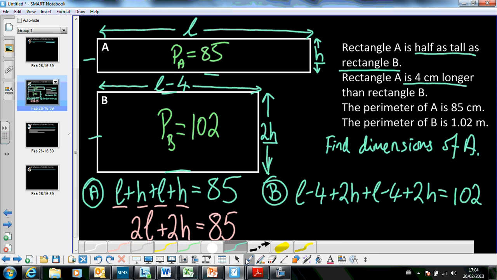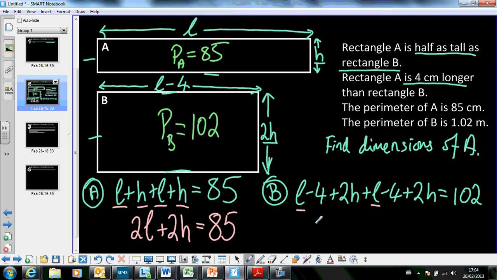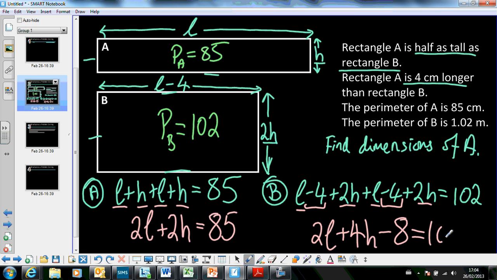And again, bit of simplifying. The two L's add together to make 2L, and 2H plus 2H makes 4H, and it's minus 4 and minus 4. Remember, the signs stay with the numbers that come after them. Makes minus 8 is equal to 102.